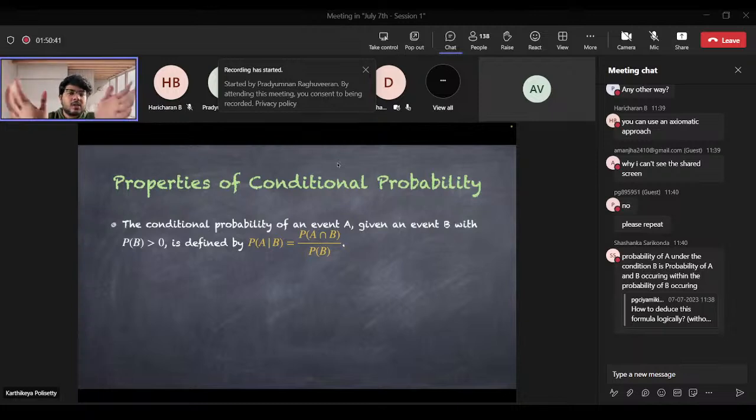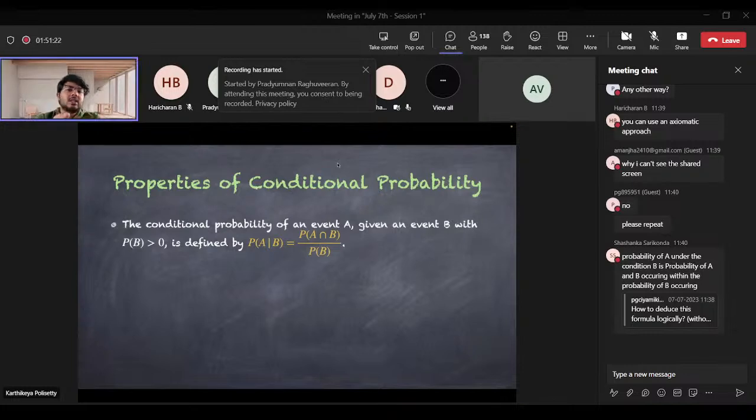So what this basically means: before, we have a sample space S, the complete universe. What is the probability of A, P of A? It is nothing but the chance of occurrence of A in all possibilities of S. But when we say probability of A given B, we are sure that event B has occurred in the sample space. Then we want to calculate the probability of A occurring given that event B has already occurred.